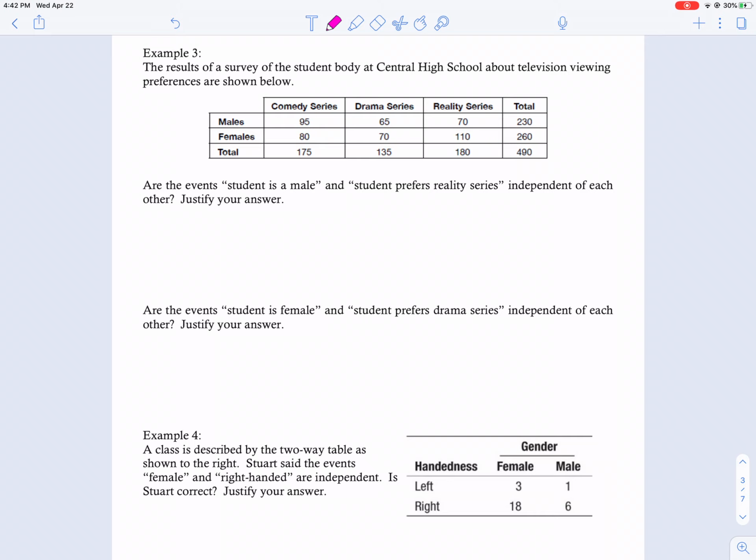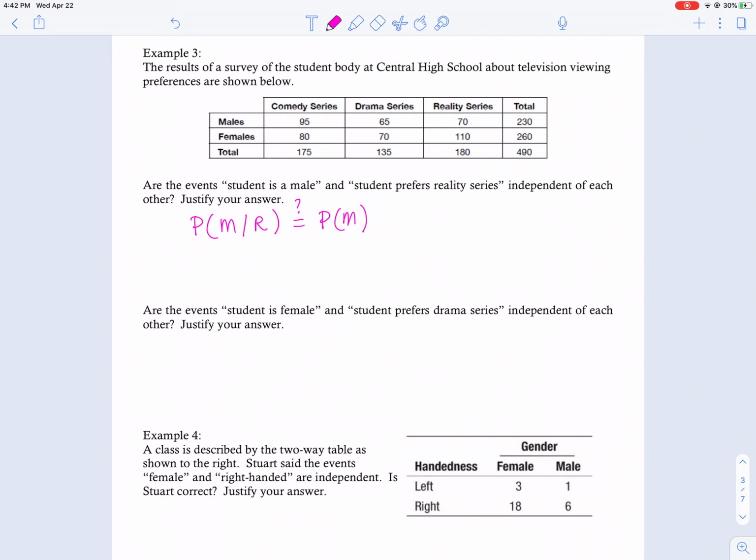Okay, so I'm going to do the probability of male given reality. Does that equal the probability of male? Now, once again, you could do the same thing by just saying the probability of reality given male. Does that equal the probability of reality? Same thing. You don't have to do it twice. You could pick one or the other.